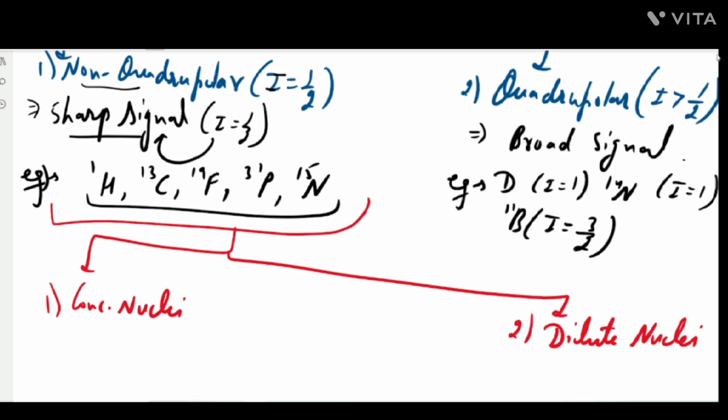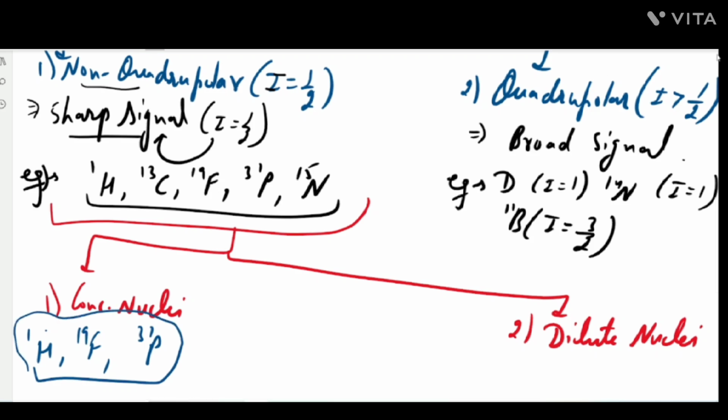In concentrated nuclei, for example, proton H1, F19, P31, these are the nuclei which show the spectra early, faster. In dilute nuclei, for example C13 and N15, the abundance is less.